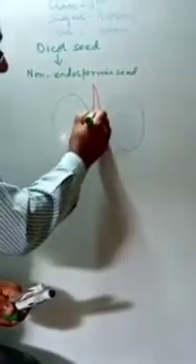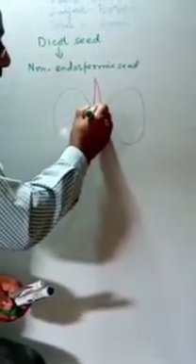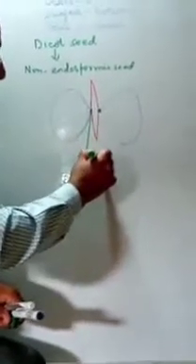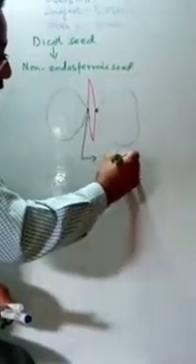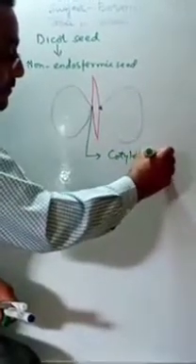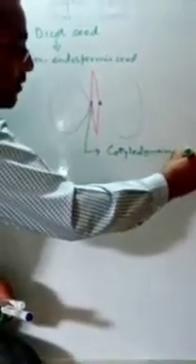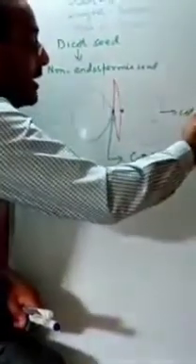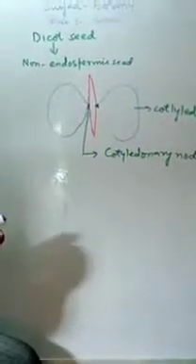The point where the cotyledon meets the embryonic axis is called the cotyledonary node. And this whole reddish structure is the embryonic axis.